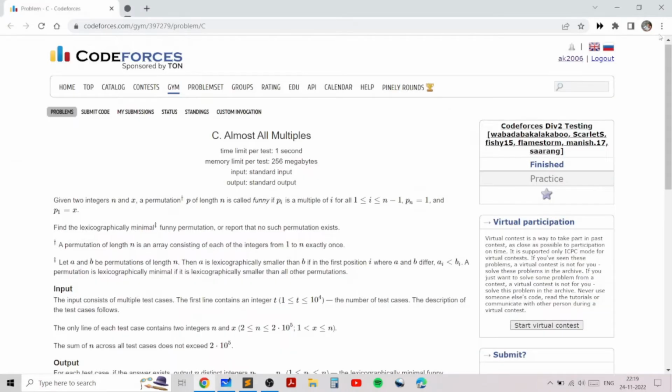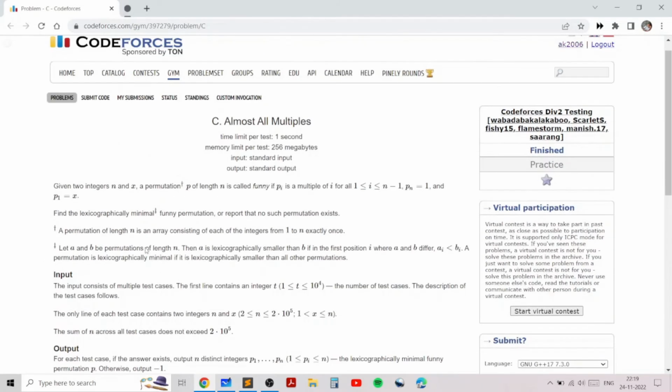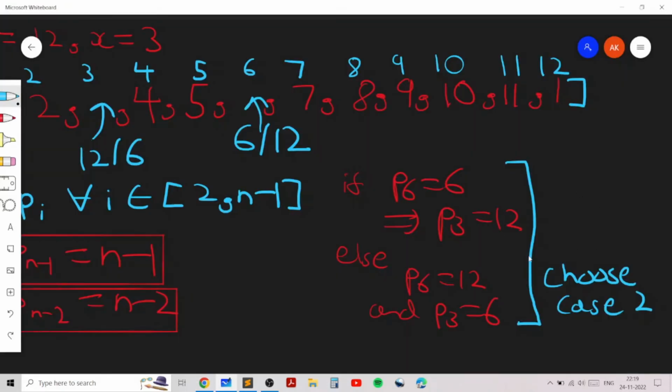Notice that lexicographically minimal basically means that we have to minimize the smaller positions. So we need to minimize P of 3 instead of minimizing P of 6, because P of 3 comes before P of 6 in the array. That's why we choose case 2. So we set P of 6 to be equal to 12 and we set P of 3 to be equal to 6.